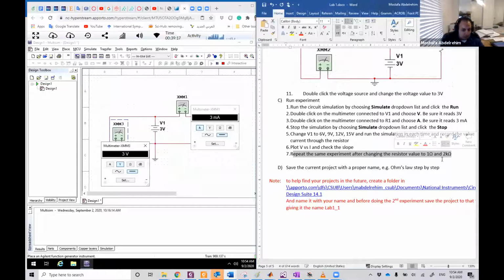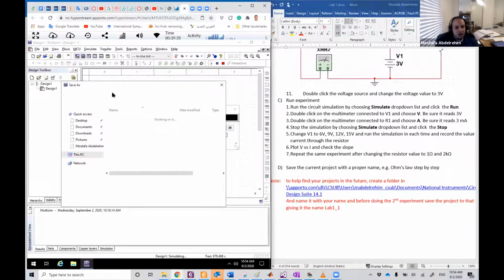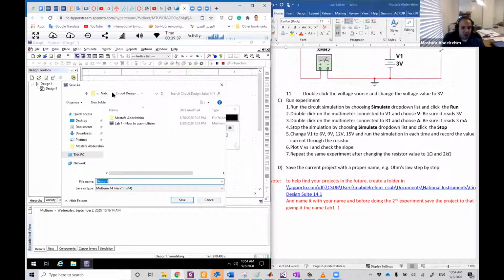Now, we're gonna save what we have done. This virtual lab is open for everybody, so you can save your project. Just from File, Save As. Create a folder with your name. Here is my folder, I created a folder for my name, Mustafa Abderrahim.